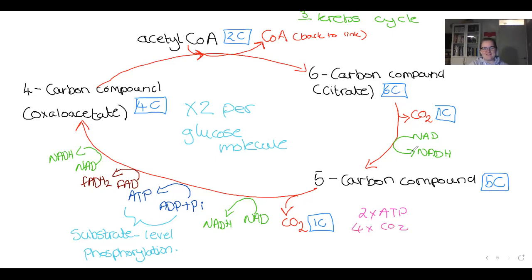We are going to have 6 lots of reduced NAD, and then 2 lots of reduced FAD. So that is what our products are. That is a Krebs cycle.